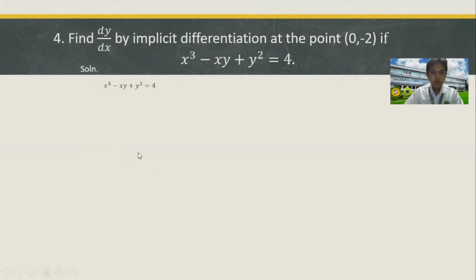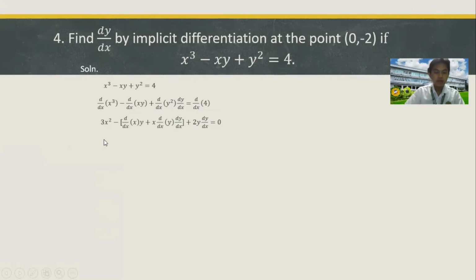So, solution, we have the derivative of x cubed minus the derivative of xy plus the derivative of y squared, and then copy the dy over dx since it is composed of y, equals the derivative of 4.